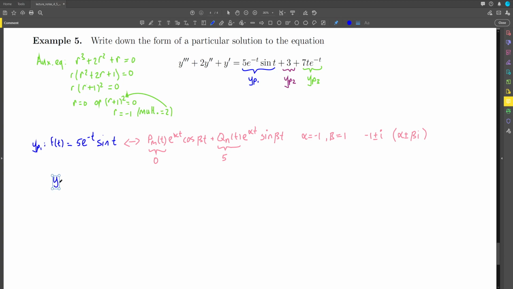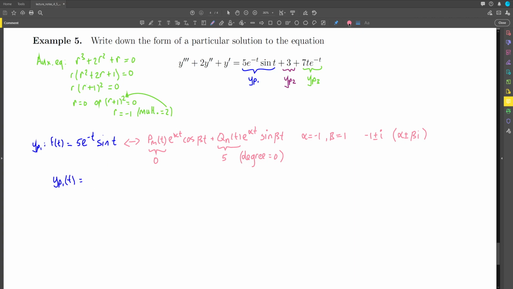So yp1 of t. Let's take a look at the maximum degree. So the 0 we can completely ignore, and the 5, the polynomial 5, has a degree. Since there's no t, the degree is 0. And so the general polynomial of degree 0 will just be a constant.